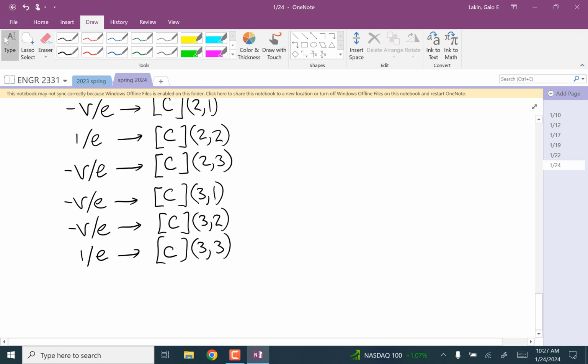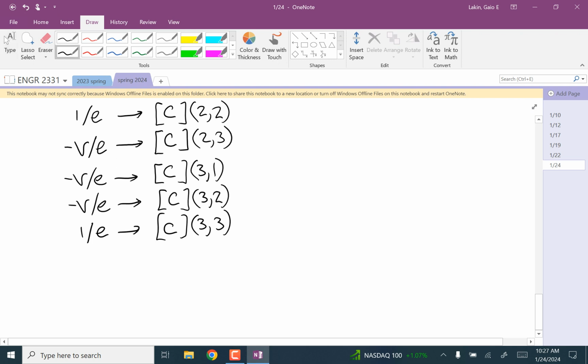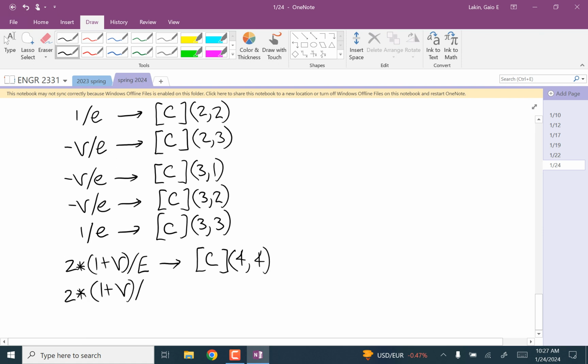And now we're on to the last 3 rows. So you'll go 2 times (1 plus V) over E, put it in C4,4. The same expression, put it in spot 5,5.